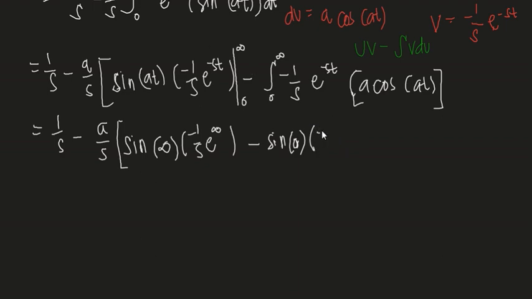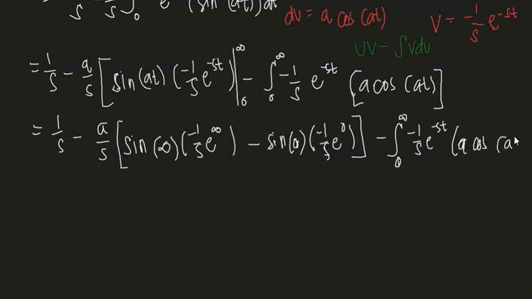So we have negative 1 all over s e raised to 0. Then, let us copy the second equation. We have from 0 to infinity of negative 1 all over s e raised to negative st multiplied by a cosine at.